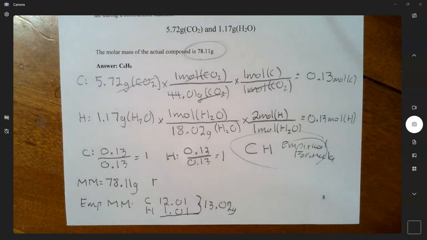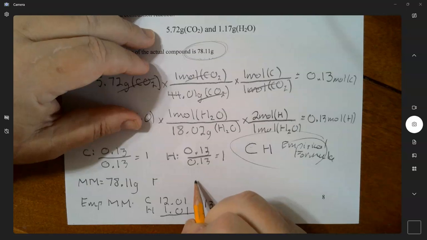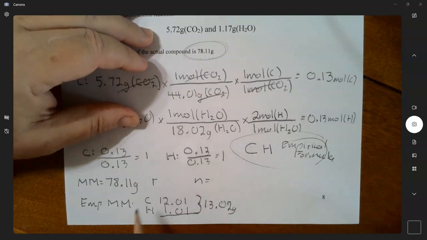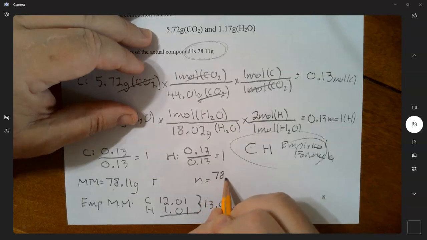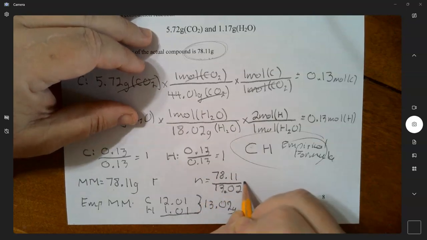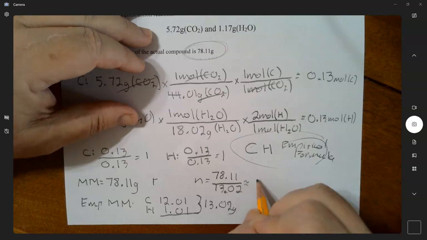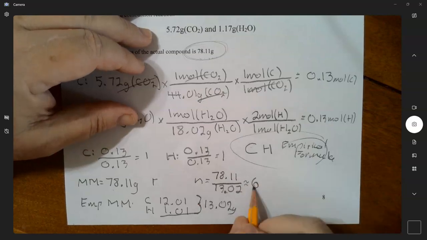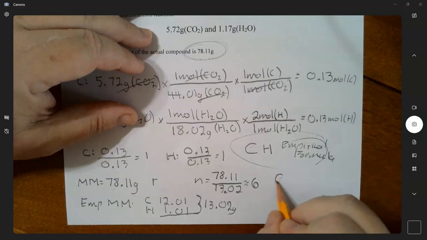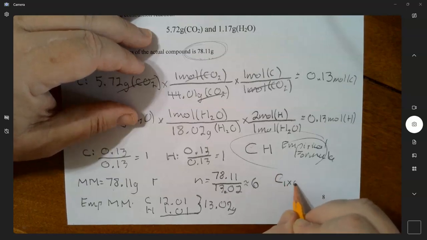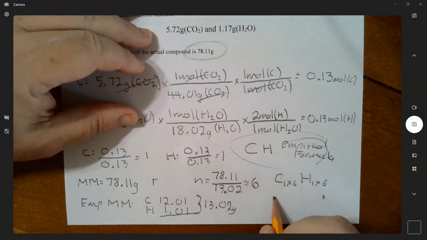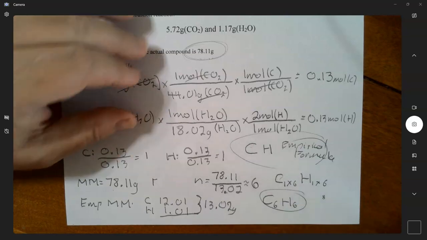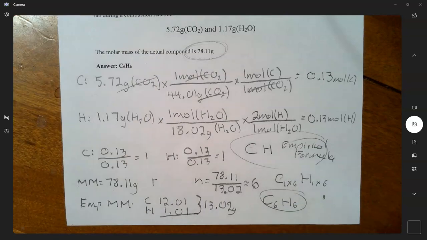So now the scaling factor, N, is going to equal the actual molar mass over the empirical molar mass, and it really is equal to 6. So that's your scaling factor, N. So you take C1 times 6, H1, your empirical formula, times 6, and you get C6H6, and that's your final answer. That's your final molecular formula.